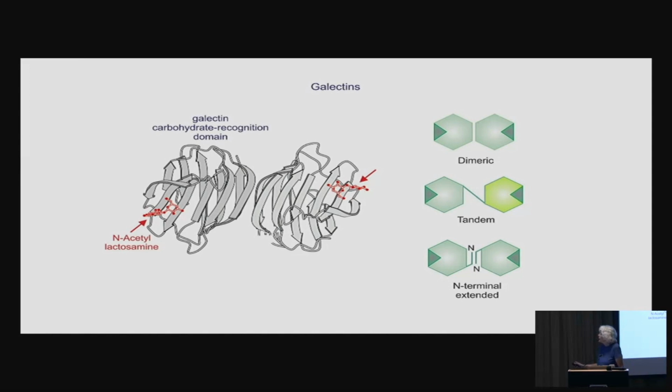Some of them actually have two galectin CRDs in a single polypeptide, so again with two binding sites opposite each other.